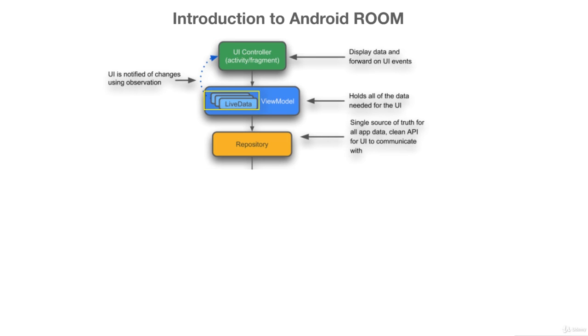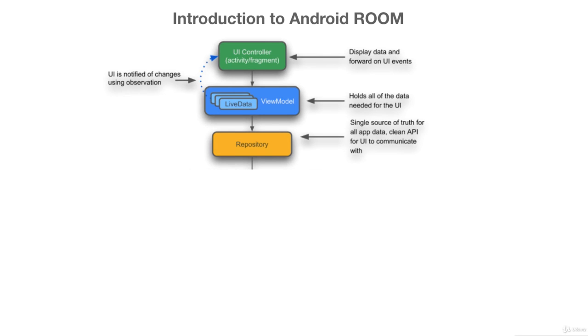As the name implies, live data allows us to encapsulate or to wrap our data that we're getting from a repository and then attach to our view model so that if something changes from our repository, it will know what to do, meaning it will go ahead and get the data and refresh everything or update everything so that it serves new data that it's supposed to serve. So live data is an abstraction that inherits or implements what we call an observer.